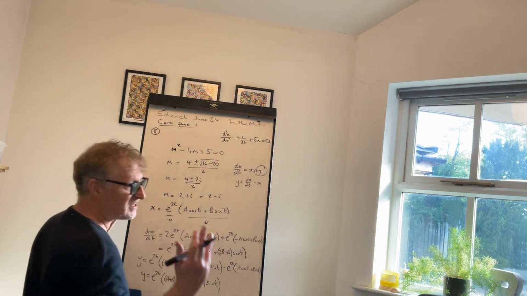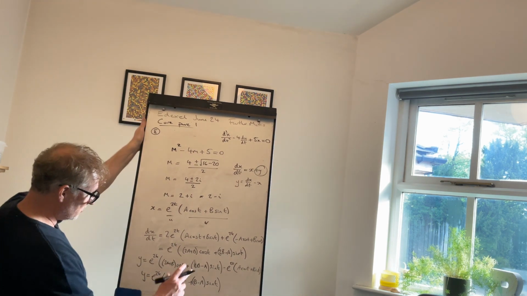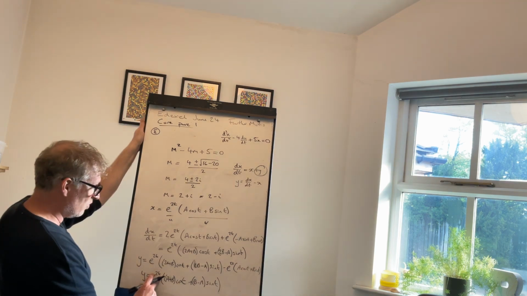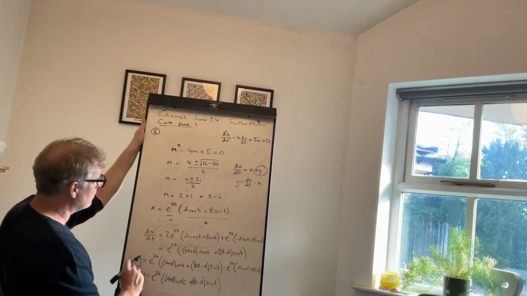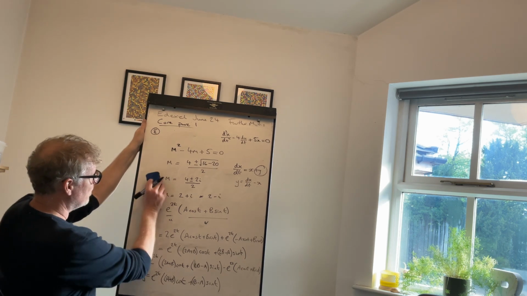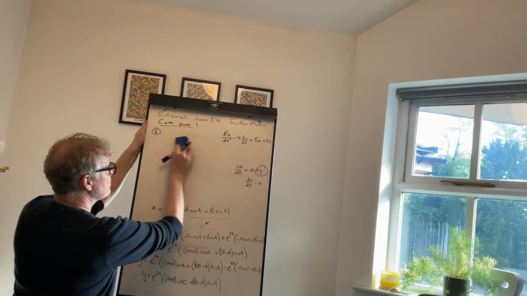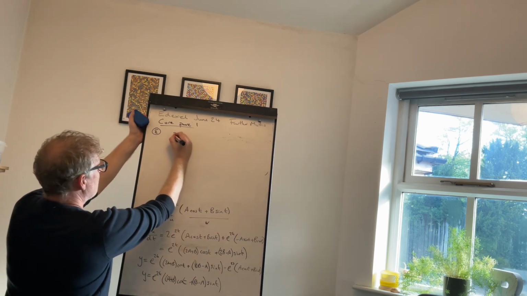Okay, so as soon as you see some initial conditions, you know you're going to have to find out what the constants are. So we're going to be putting in t equals 0 and our x and y values into these two equations. So let's see, I'm going to rub this top bit out now, give myself some space. Shall I very quickly just write these down again?